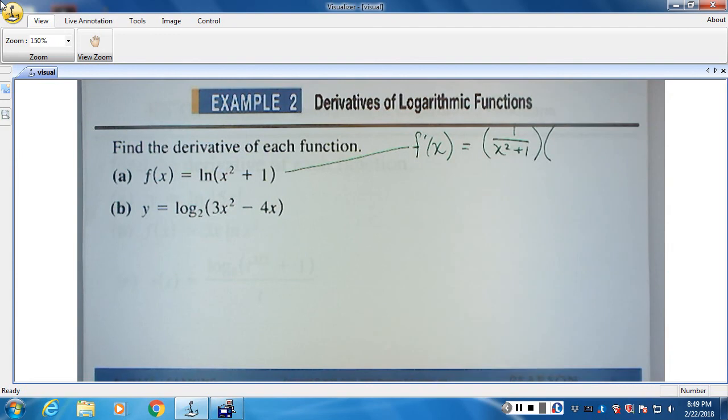And then if it's anything but x, you need to take the derivative of the anything. And in this case, the derivative of x squared plus 1 is 2x. It's actually 2x plus 0, but we don't need to write down the 0 for the derivative of 1.